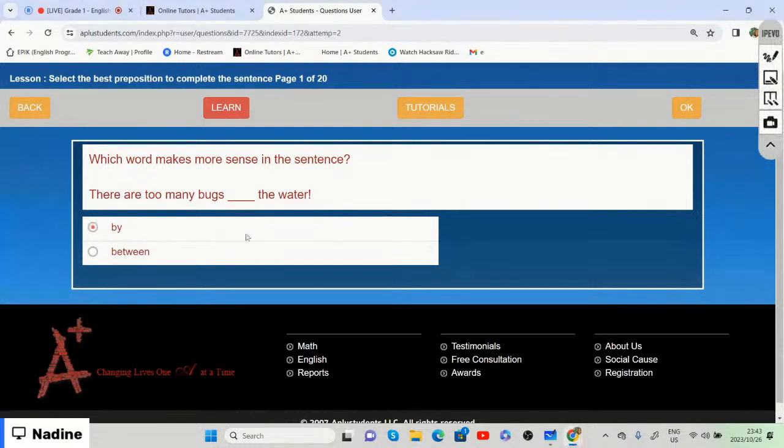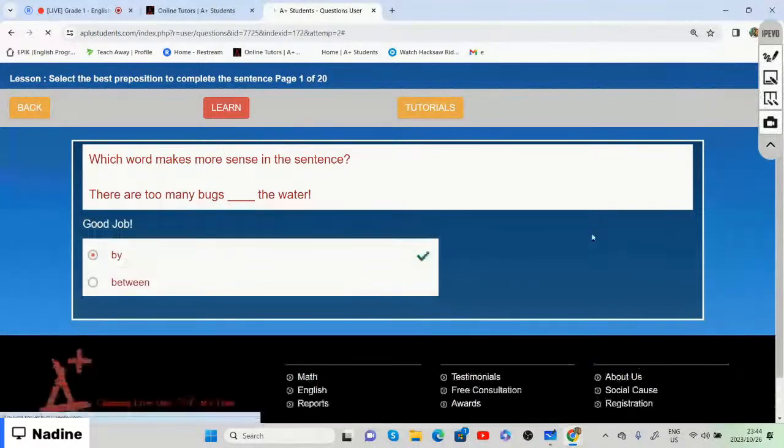So we can say there are many bugs by the water, because you don't get bugs between the water.